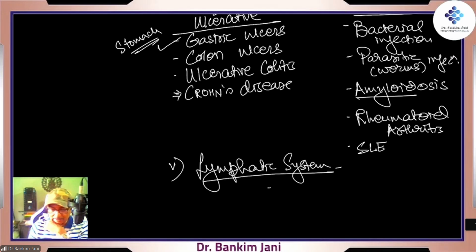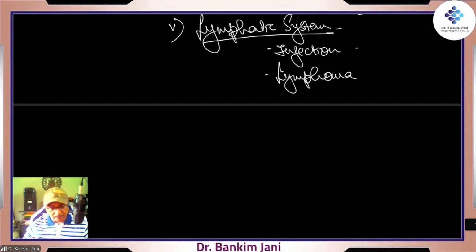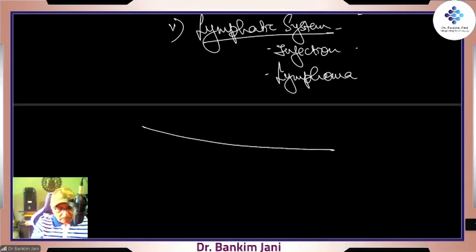So in case of any infection to the lymphatic system, or lymphoma, cancer. When there is infection and lymphoma, the lymphatic system will be busy. In fact, it would be working in a reverse way. It will say infection is there, open up the channels. So capillaries, venules, open up.